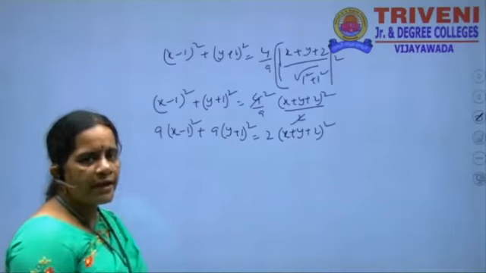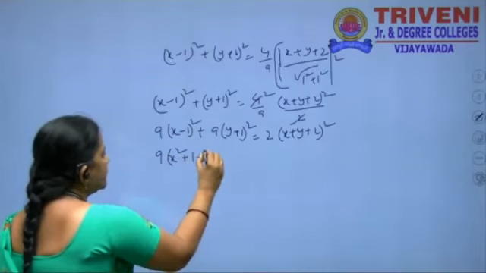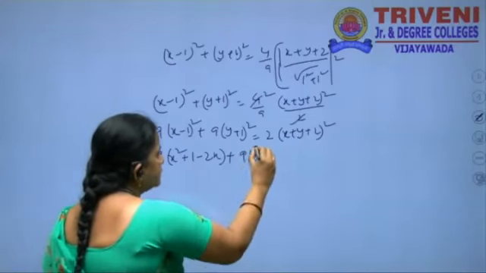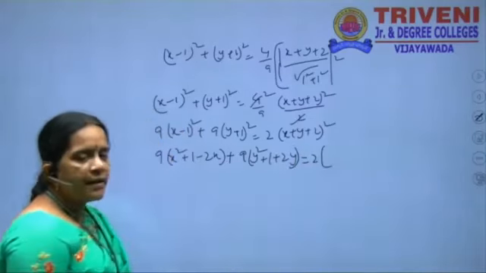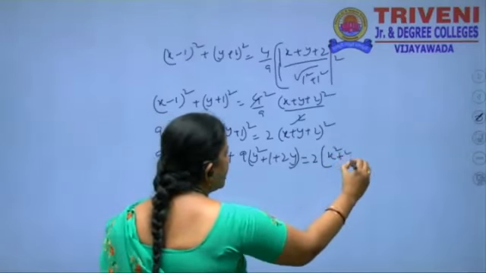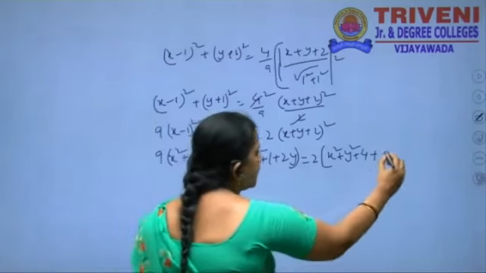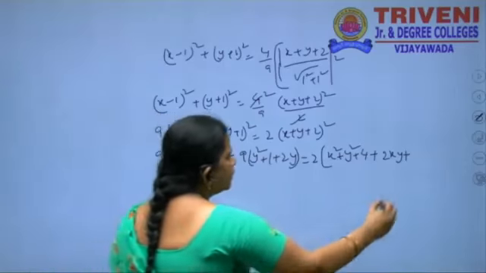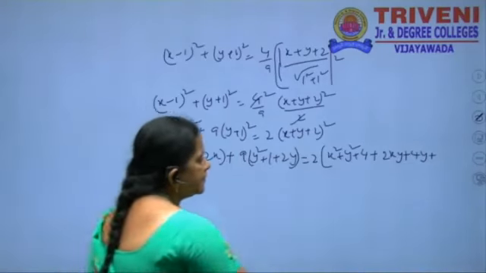Already you know the formulas for (a − b) whole square and (a + b) whole square. Then expand the left side, and on the right side use the formula (a + b + c) whole square = a square + b square + c square + 2ab + 2bc + 2ca, that is 2xy, 2 into 2 is 4y, and 2 into 2 into x is 4x.